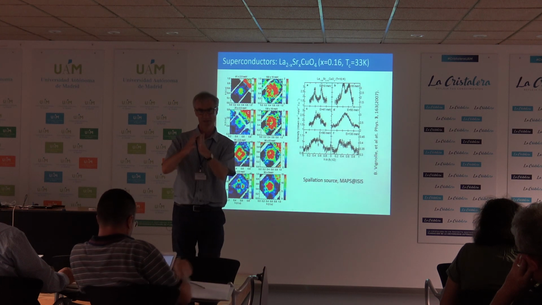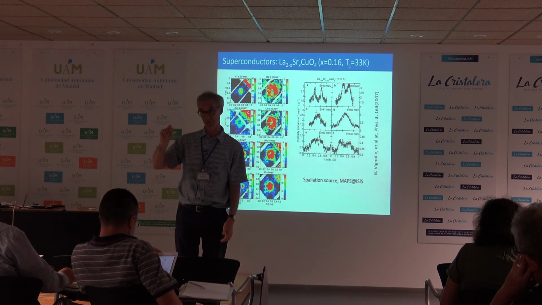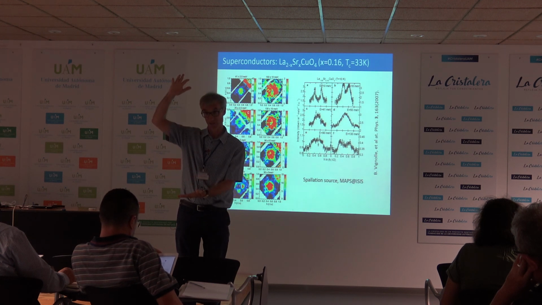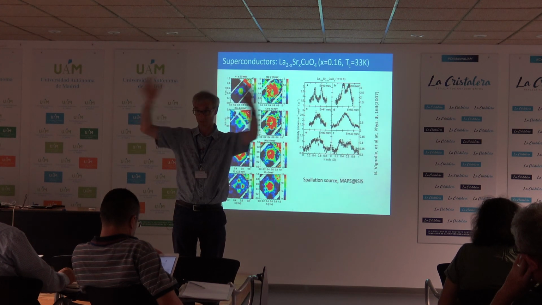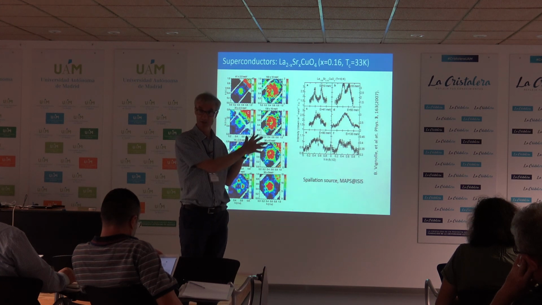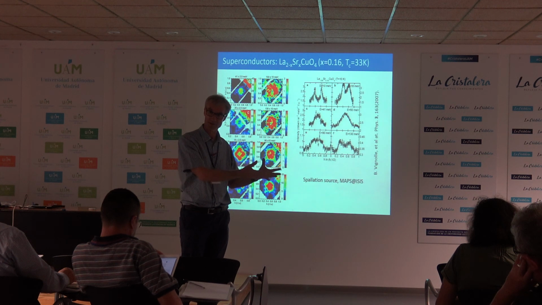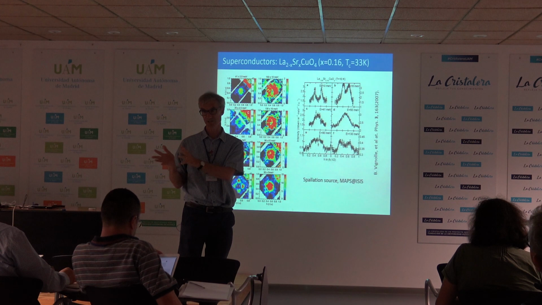If you want to understand the pairing glue, then it's the real part that's the relevant thing. So it's the integral over all energies, and we know that's broad. It may have little peaks in it as well, but it's a pretty broad thing. And that's what I've been trying to show you, that we know how that varies across reciprocal space and across the phase diagram now.